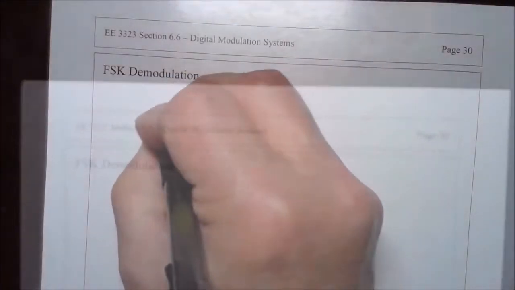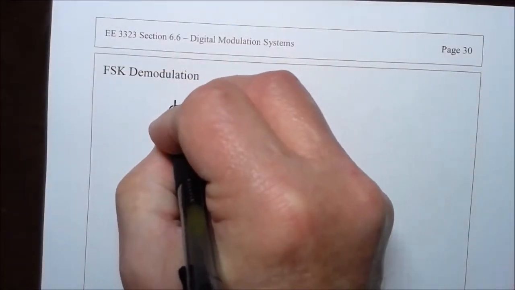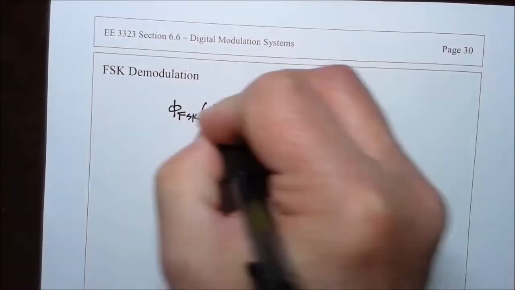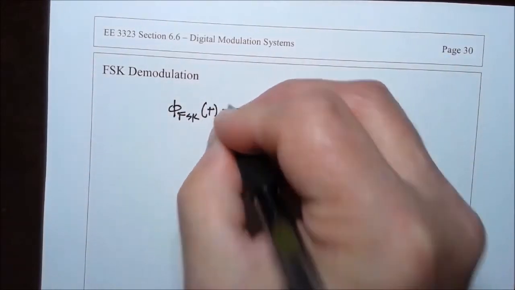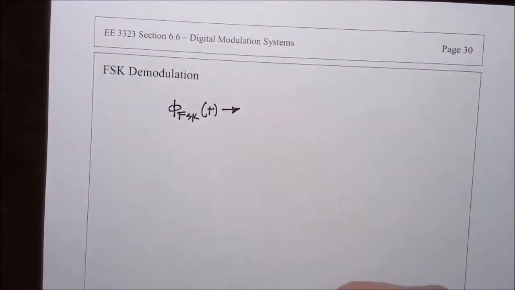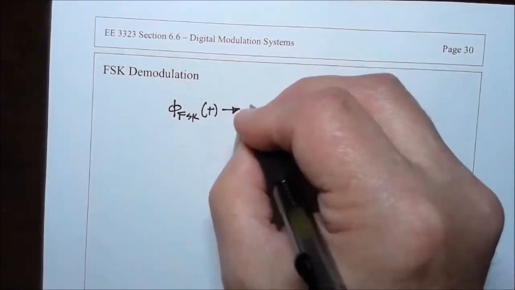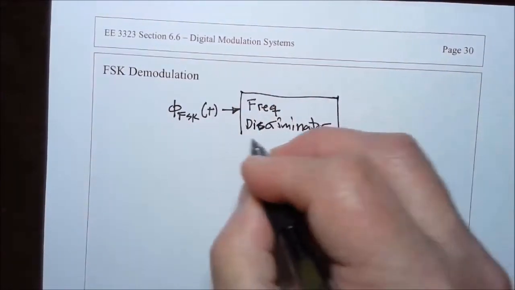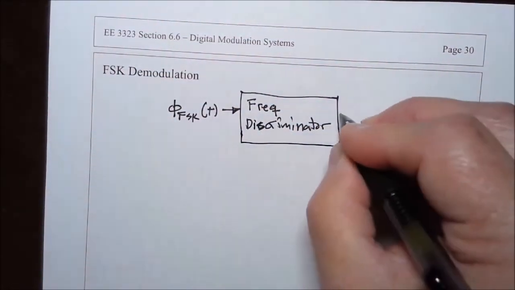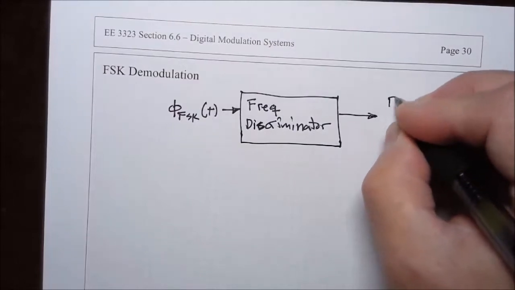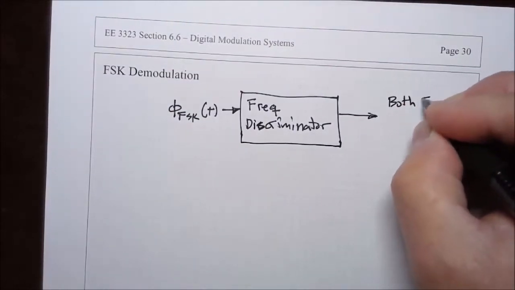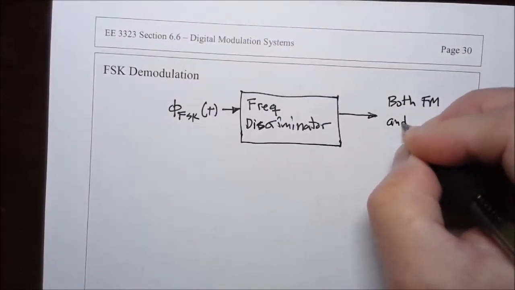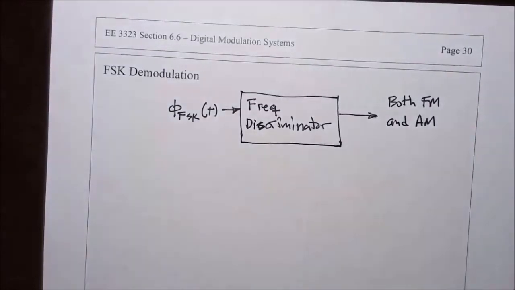Okay, to demodulate the frequency shift keyed signal, just as we did with FM, we need to put it through a frequency discriminator. Not sure if that's how you spell discriminator or not. So that the signal that comes out is both frequency modulated and amplitude modulated.